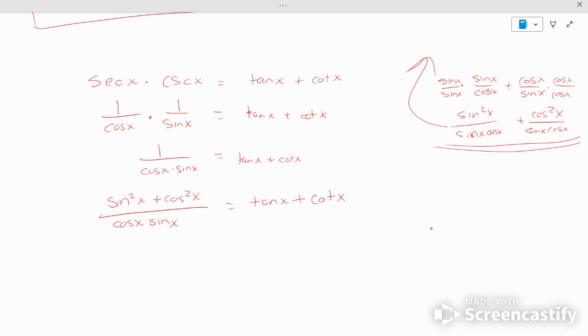Now I'm going to split these up into two separate fractions: sine squared of x over cosine of x sine of x plus cosine squared of x over cosine of x sine of x. So I split one fraction into two because they have common denominators.